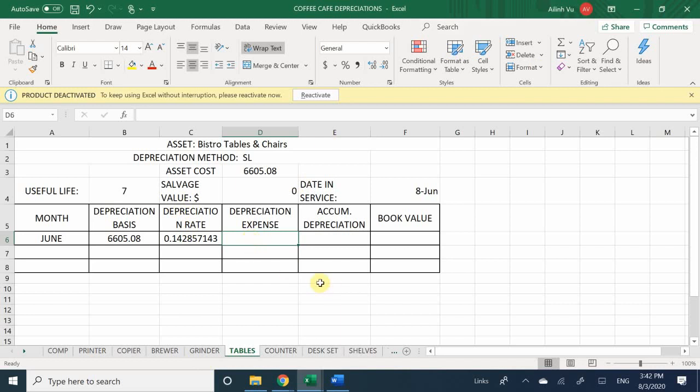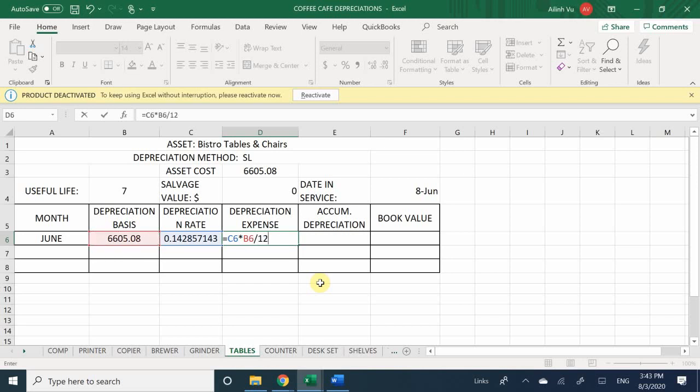What's next? How do you find the depreciation expense? You take the basis, which would be 6605.08, times the rate, 0.1428, equals 943.